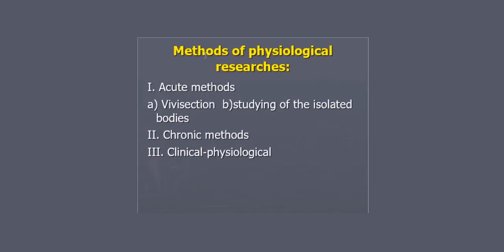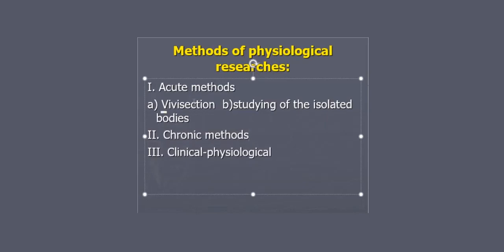And then we have some methods of physiological research. We have mostly two methods actually. One is acute, one is chronic. Acute is very quick, and chronic is prolonged, a slow method. In the acute methods we get results immediately, and in the chronic methods we get results after some time, maybe 1 week, 1 month. And the chronic methods, you must know, were developed by the Russian scientist Pavlov.